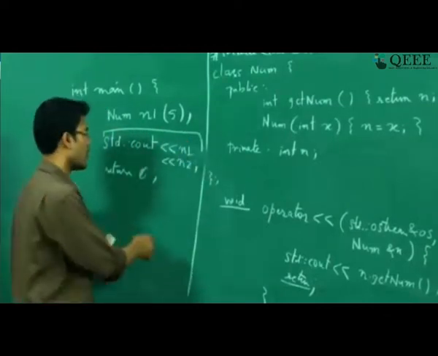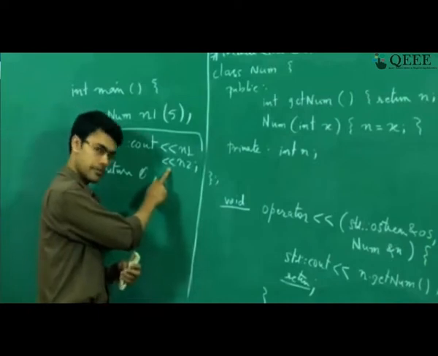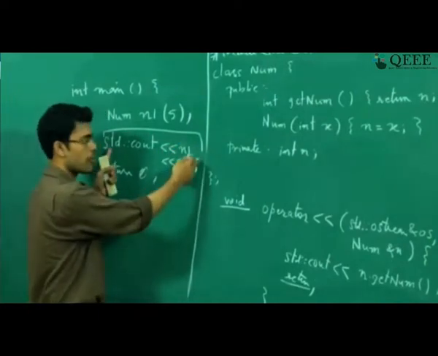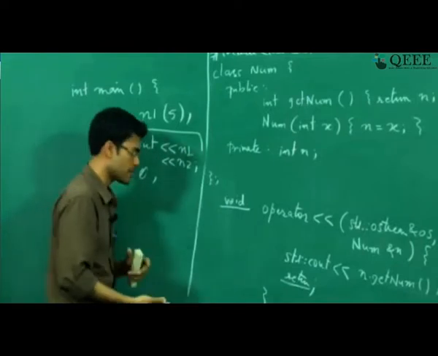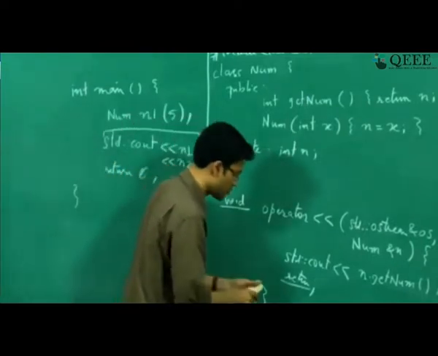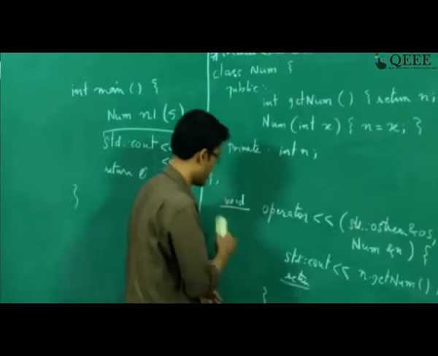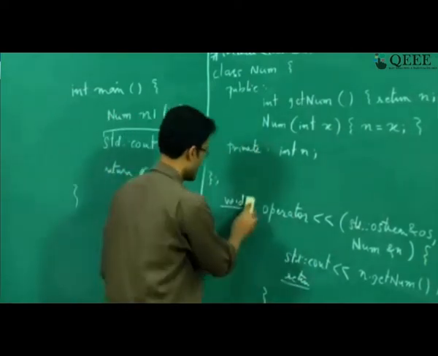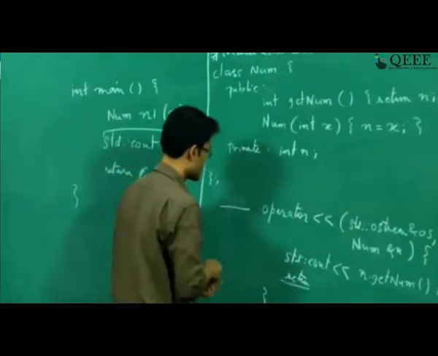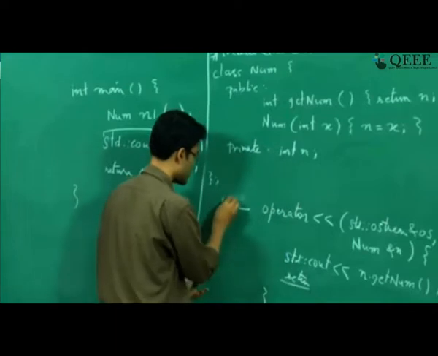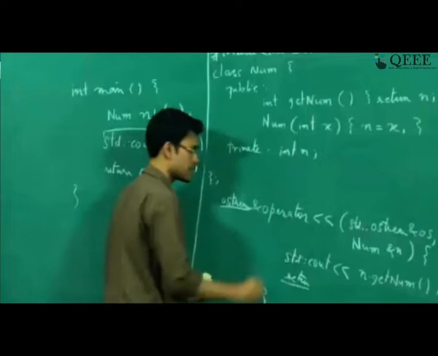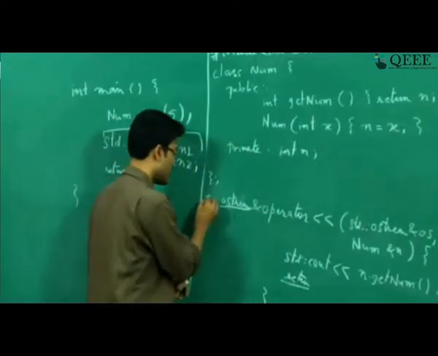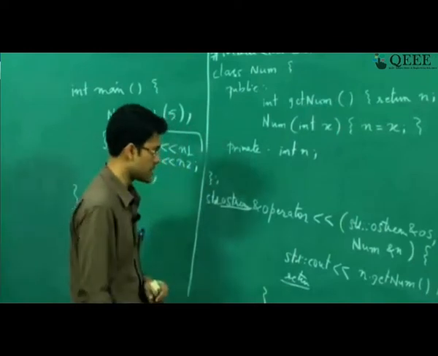So this part should return something on which I should be able to apply the left shift operator, and that is possible only if this part returns ostream's reference, and therefore it should not be simply this. If you want chaining, it cannot be void; it has to be of type ostream&, that is a reference to ostream, and you might have to qualify it if you are not using namespace std.